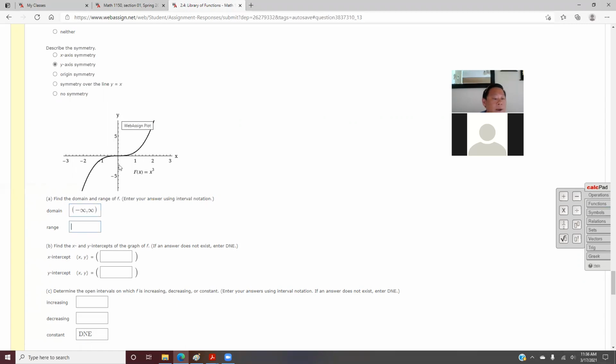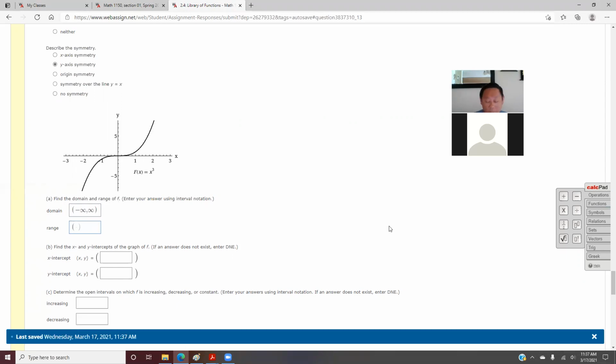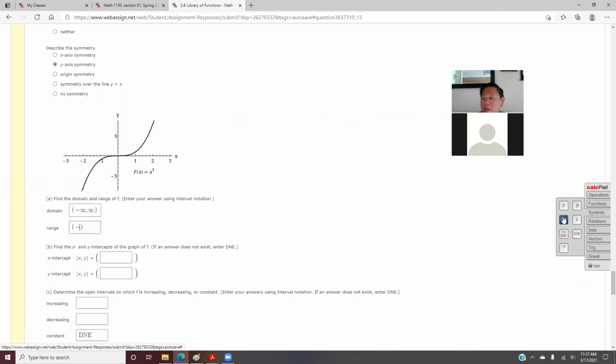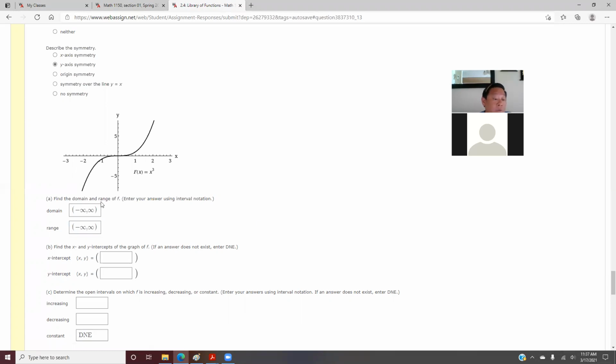What y values can you have? Is it still negative infinity to infinity? Yep. So this is a property of the cube, or odd function. If you have x cubed, x to the 5th, x to the 7th, your domain and range is always all real numbers.